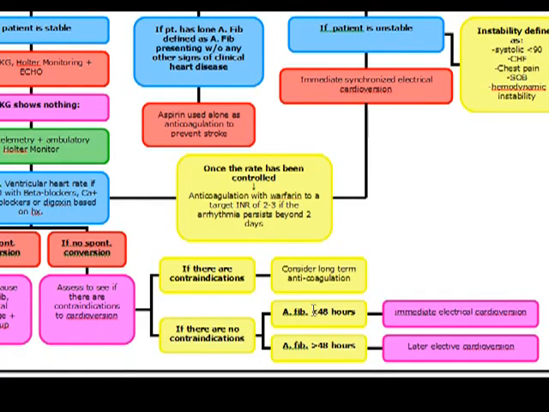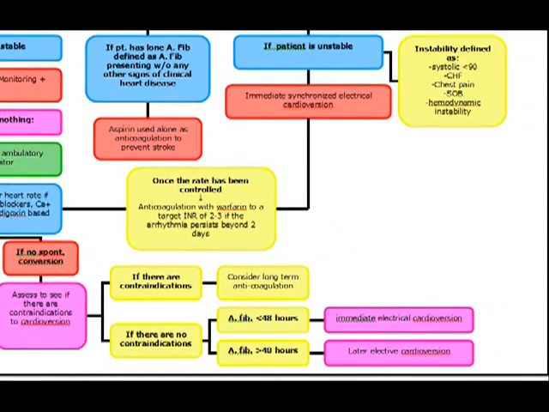But if there's no contraindications and the AFib has been over 48 hours ago, we're going to do an elective cardioversion. We have to remember, once the rate has been controlled, we have to anticoagulate these patients with warfarin to a target INR of 2 to 3 if the arrhythmia persists beyond 2 days.